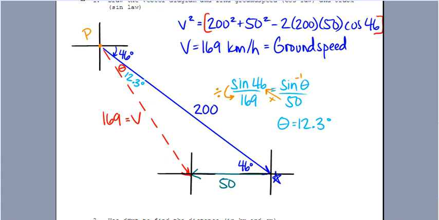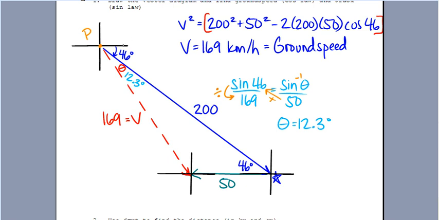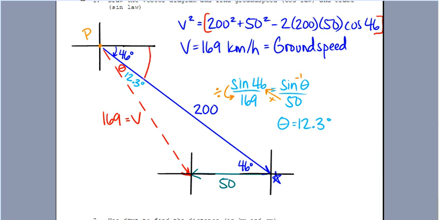But if this pilot is lost and stressed out and doesn't know where they are, you don't want to just tell them that they've gone off course by 12-ish degrees. You want to give them the actual angle that they flew at, which is called the track. And in our diagram, if you want to find the track, I'm just going to extend out my compass here a little bit. The track would be the angle to the red dotted line. So this angle all the way to there.